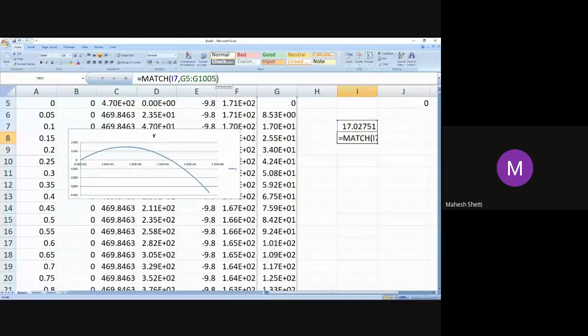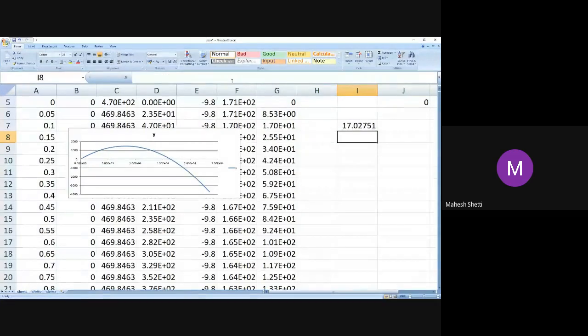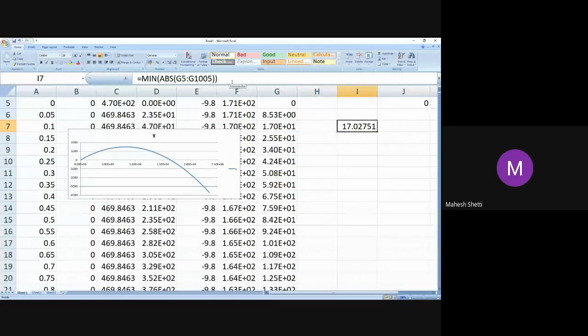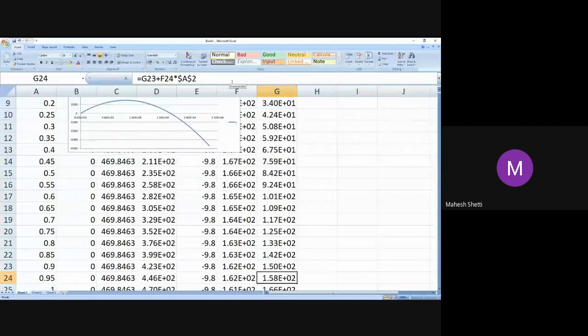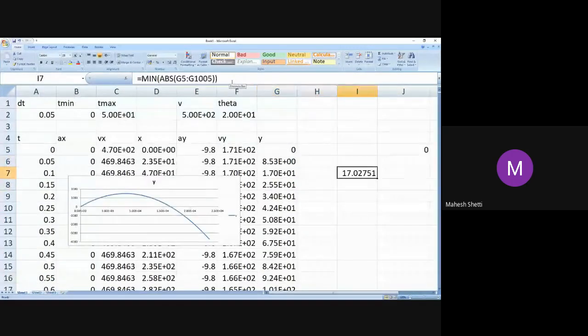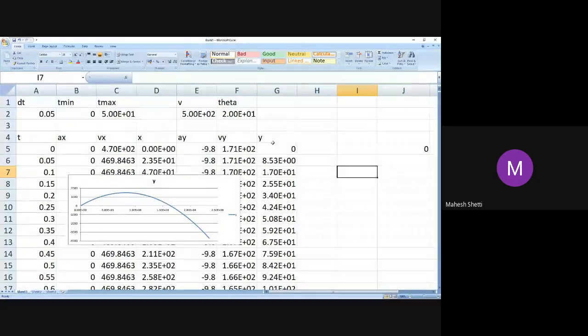Okay, it is not going to exactly work, I mean, this match, because it is not sorted. It decreases and then again it increases. So let me just find out where it is: 17.02. But the 17.02 here is here itself. So there is a mistake. Right now, I'm not immediately bothered about that.